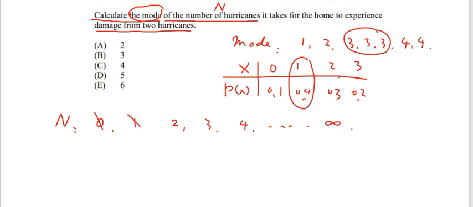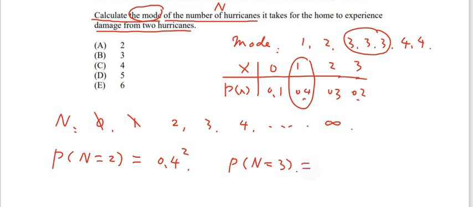So let's see what the probability is. n equals 2 means both are damage. The first one damage is 0.4, right? So 0.4 squared. So what is n equals 3? We have 3 hurricanes that should have exactly 2 damages.